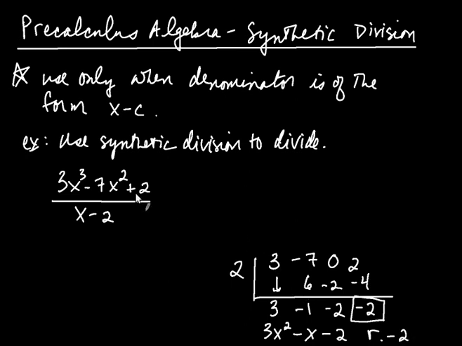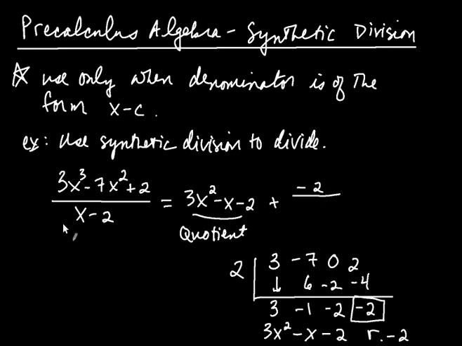So at the end of the day, whenever you perform division, you can always write it as quotient plus remainder divided by divisor. You could write it as this, which is the quotient, 3x squared minus x minus 2, so that part's your quotient. And then we can write plus the remainder, which is -2, and then divided by your divisor, which was x take away 2.